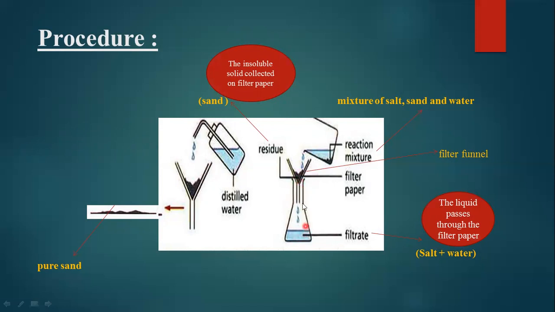The liquid that passes through the filter paper is called filtrate. In this experiment, when we took the mixture of salt, sand and water, the filtrate contains salt and water, because salt is soluble in water, and these particles can easily pass through the pores of the filter paper, while on the filter paper some solid particles remain that are called residue.